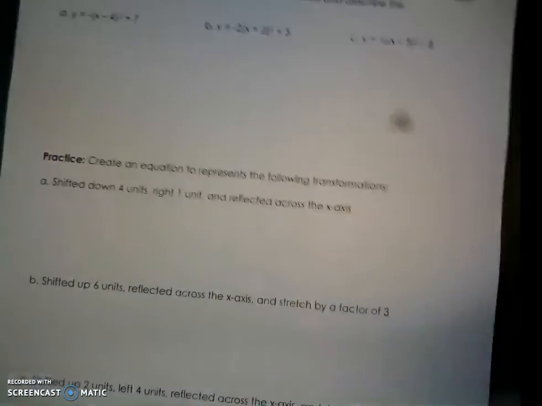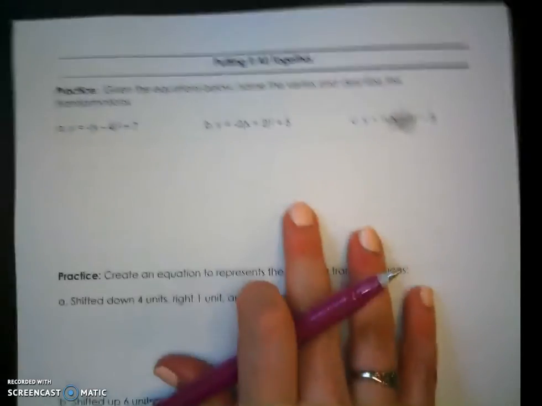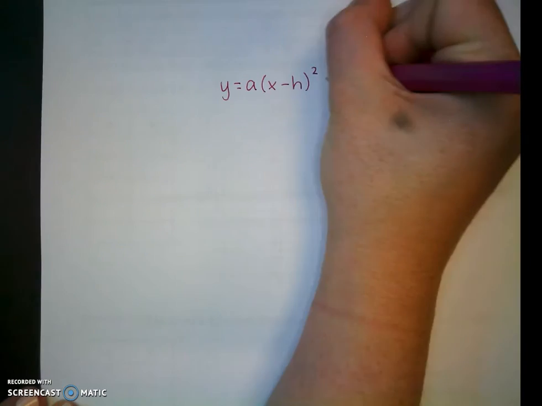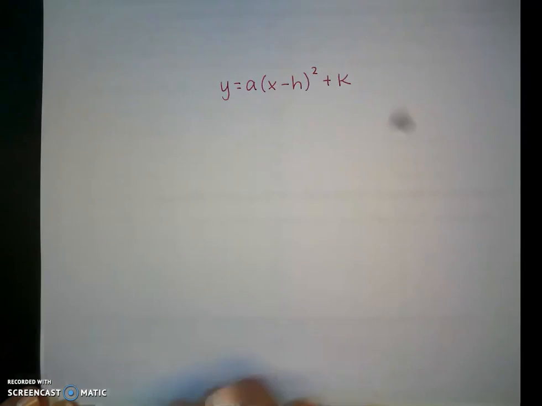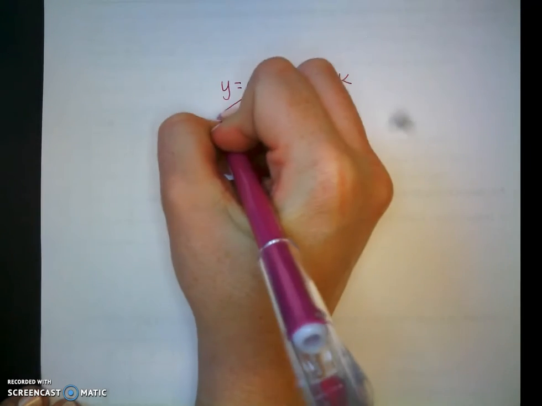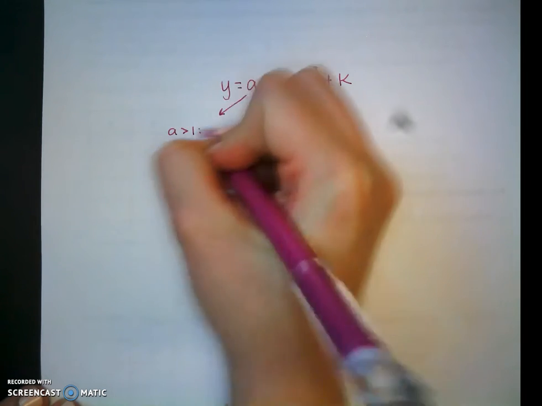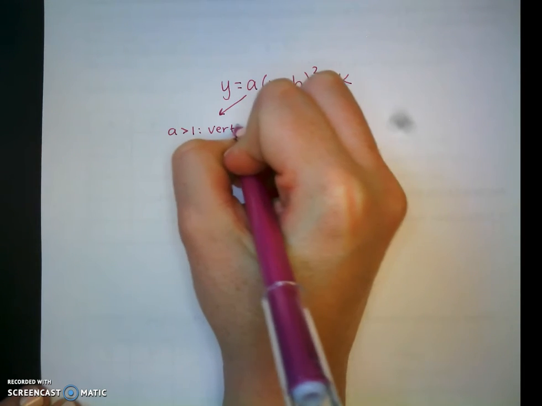And then before we got started on putting it all together, we're going to do graphing in a second. We did kind of like quick little summary notes on the back of your paper. So remember, we're working in vertex form, which is y is equal to a times x minus h squared plus k. a is what we just talked about. So if your a is bigger than 1, then there's a vertical stretch.